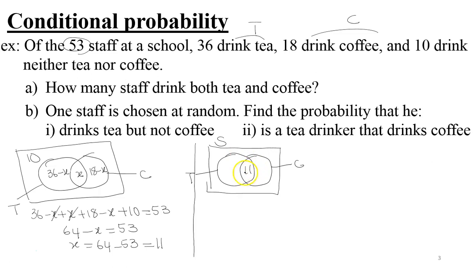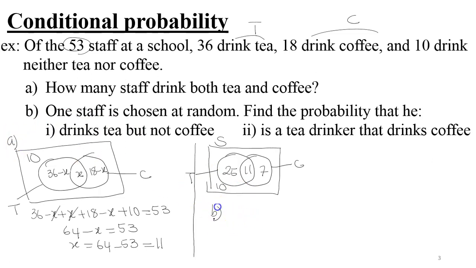We do have 11 here, 36 minus 11 is 25, 18 minus 11 is 7, and we do have 10 over here that don't drink tea and don't drink coffee. So this is regarding part A.